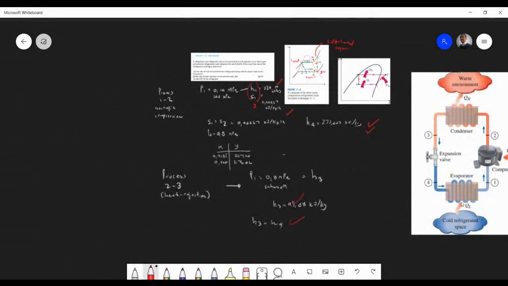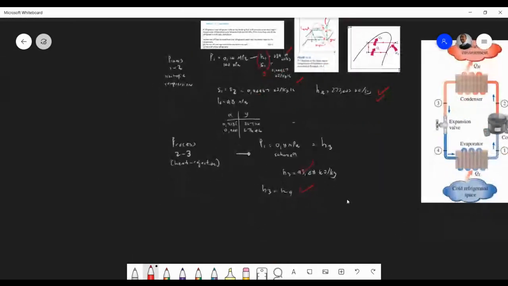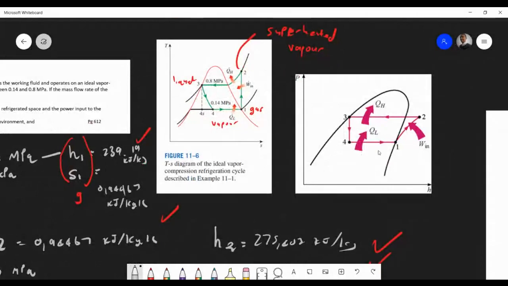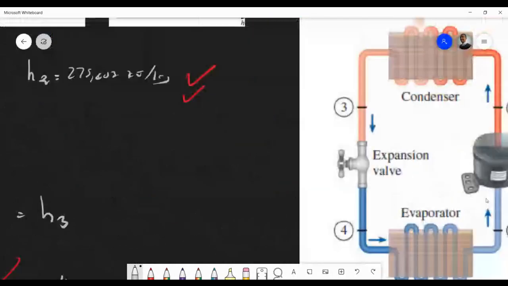So the heat removal is QL, remember? This is where your food is sitting and we're removing the heat. So QL is going to be mass, obviously H1 minus H4, right? Where's the heat removal? 4 to 1, that is QL, right?